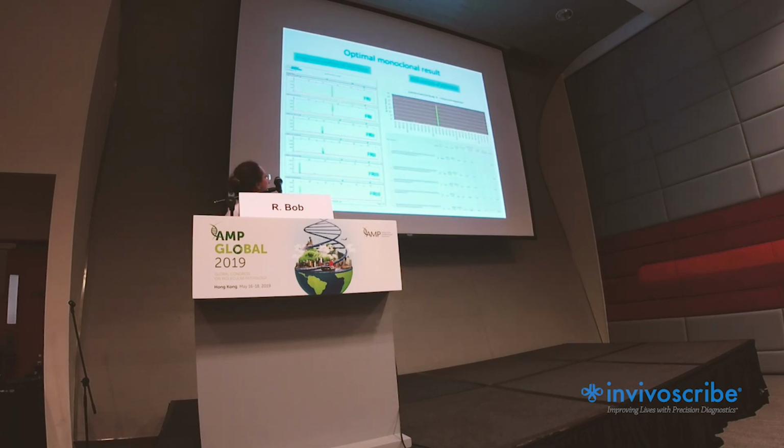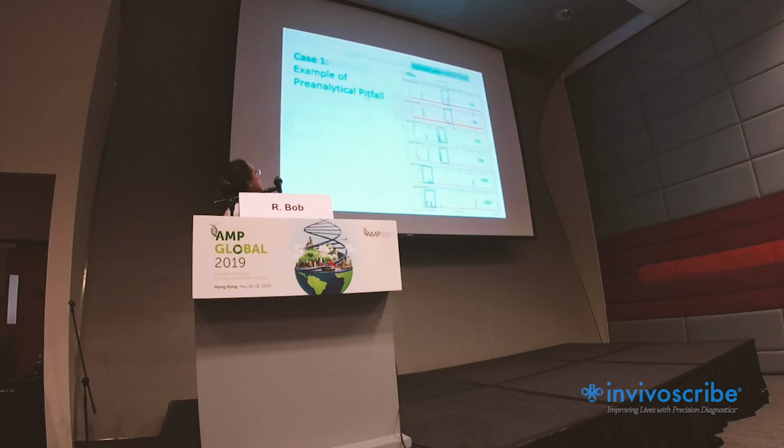And if we have a monoclonal population, we wish to have such a result with fragment analysis and with NGS analysis. But unfortunately, it's not real life. So that's, for example, case one. We get a sample from a clinician and they apply pressure: we need a diagnosis, please apply the clonality analysis. That's the result.